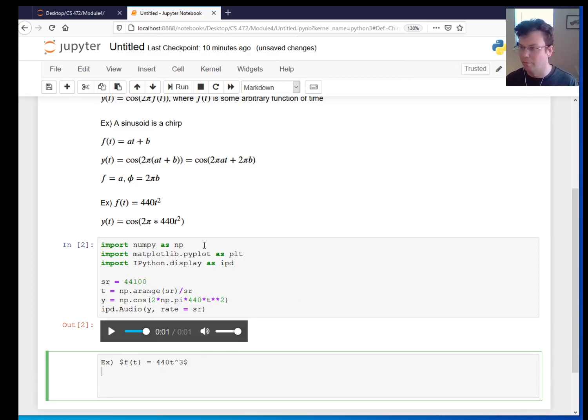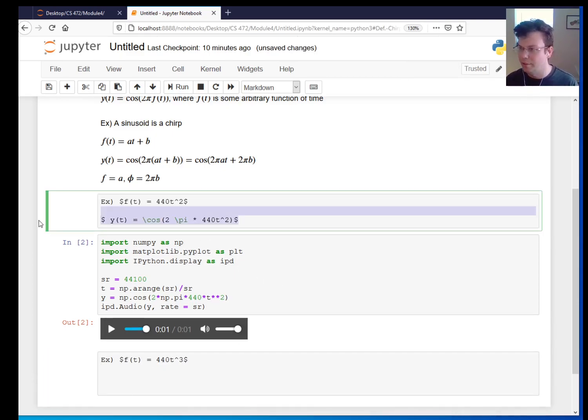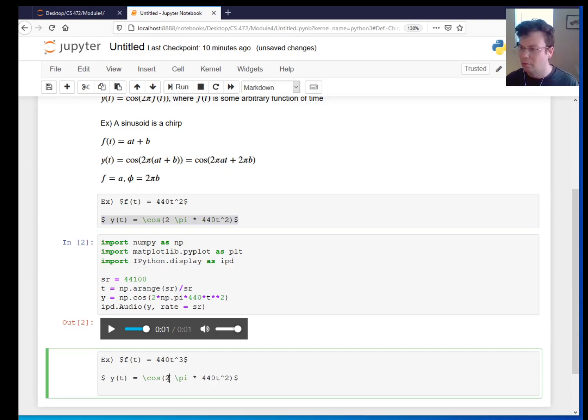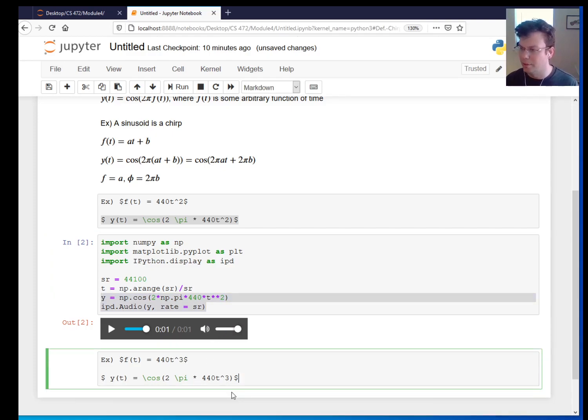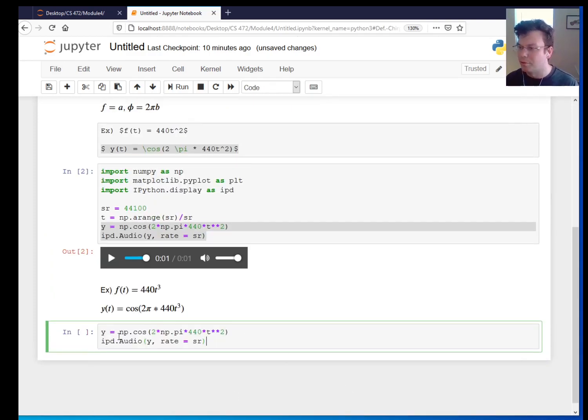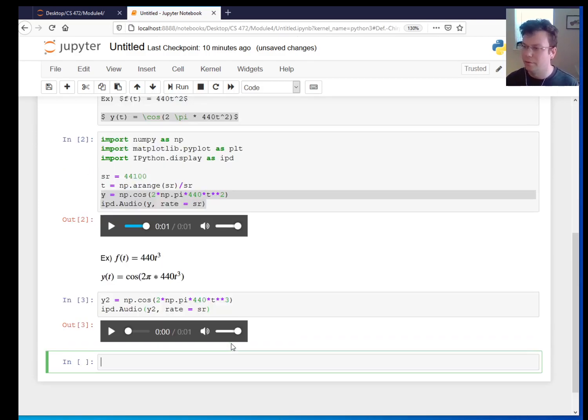So it's the same thing. I have y of t equal to cosine of 2 pi 440 t cubed. And so let's listen to this. So I'll say y2 is equal to that, t cubed. Listen to these two side by side.